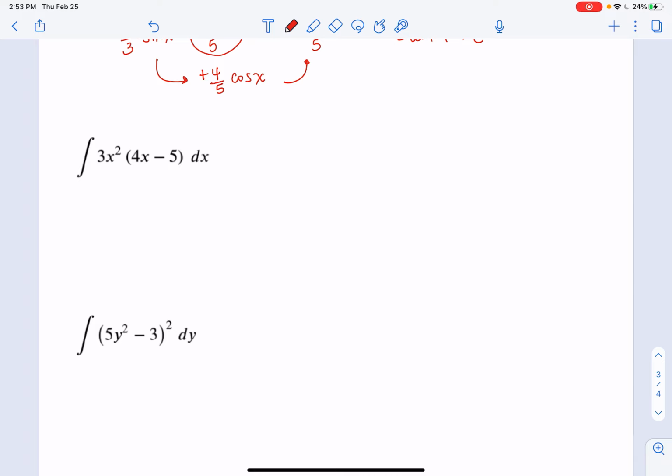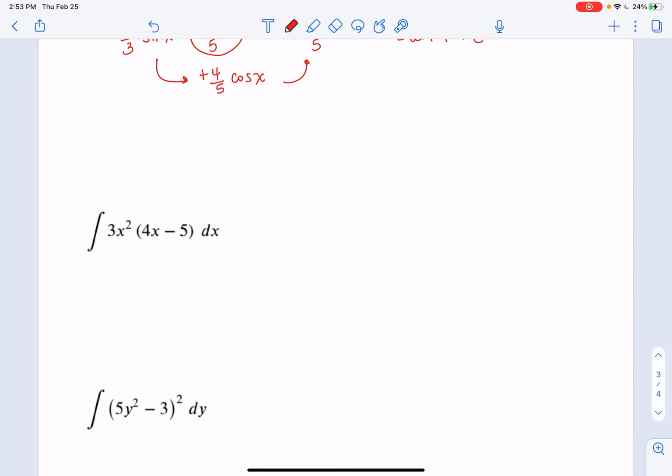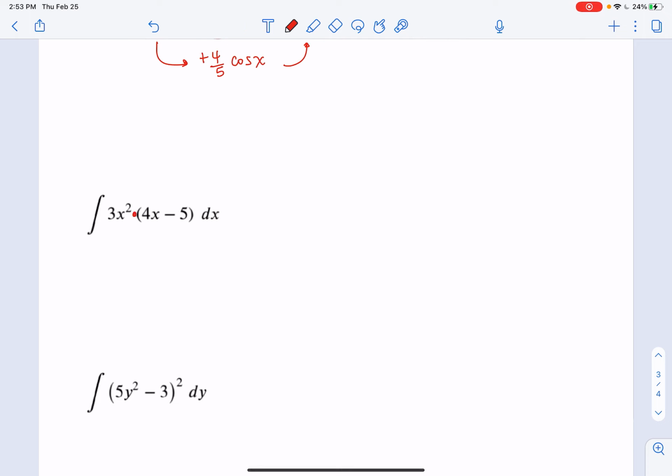So these problems are interesting because they involve not just addition and subtraction, but notice also multiplication, exponentiation. And so it's really important to point out at this point that there is no product rule for integrals, nor is there a quotient rule for that matter.